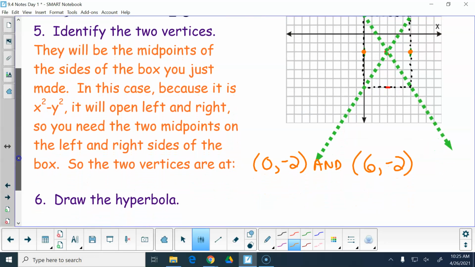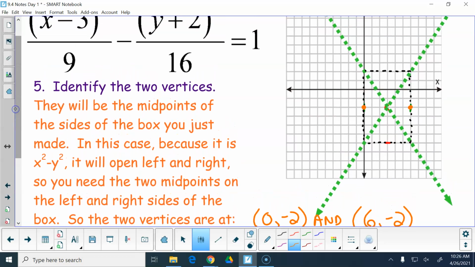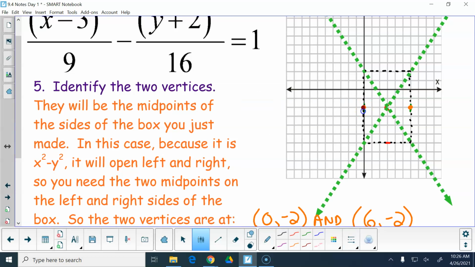Next, step 6. We're going to draw our hyperbola. We're going to draw it in now. How is it going to look? We're going to start at the vertex, and it's going to end up going along the asymptotes.